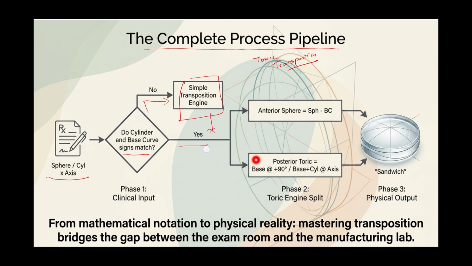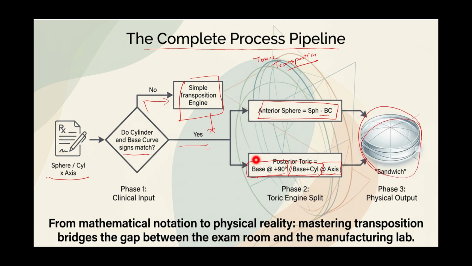So they again come into this, and once the signs start matching, we do two things. One is to calculate the anterior surface power, which is nothing but the sphere minus the base curve, and we rotate the base curve by 90 degrees, and we calculate the cross curve, which is the sum of the base curve and the cylinder power, and keep it at the same axis as the prescription.